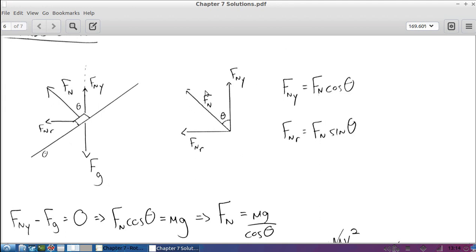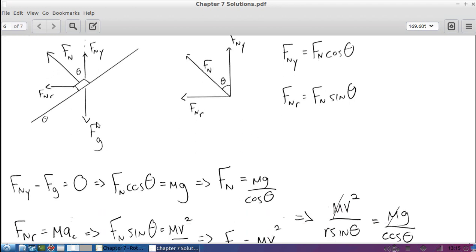The normal force in the y direction, see this is the adjacent side of my angle now, is the normal force times the cosine of theta. And the normal force in the r direction is the normal force times sine theta. Okay, so again, they're a little backwards, right? But just practice resolving that normal force into its y and r components for this type of problem.